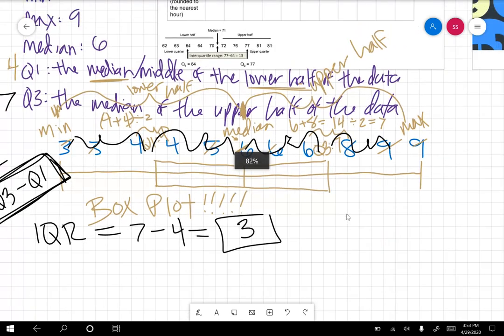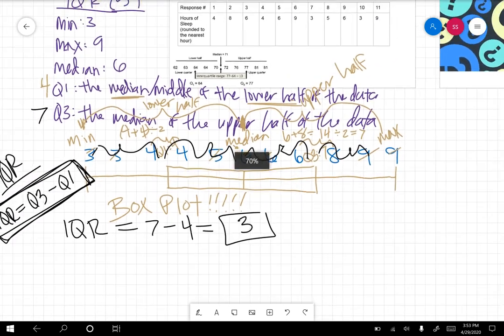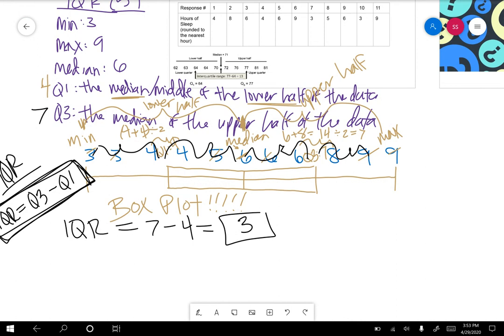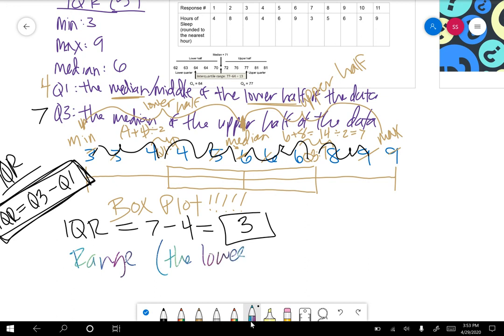Interpretation is always really important, you guys, because then you're not just throwing numbers out willy-nilly, right? It's important to know what you're actually talking about. So the IQR of 3 here means that the range, or the lowest to the highest, right?